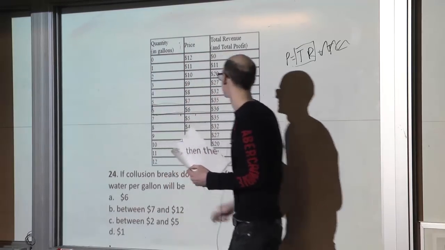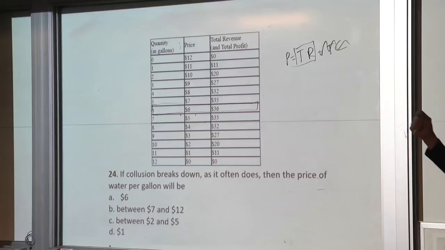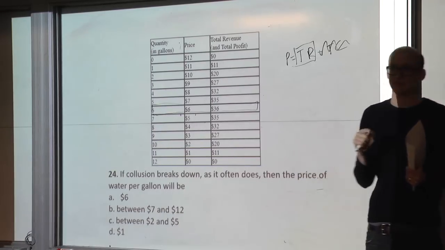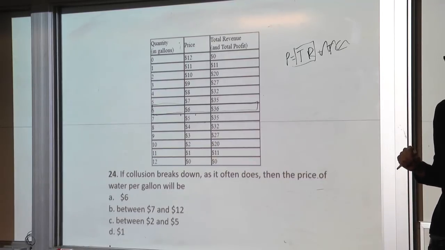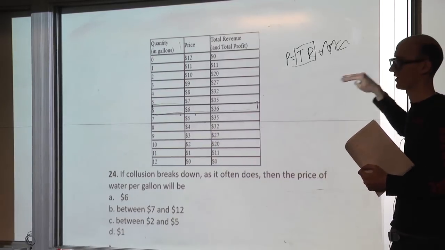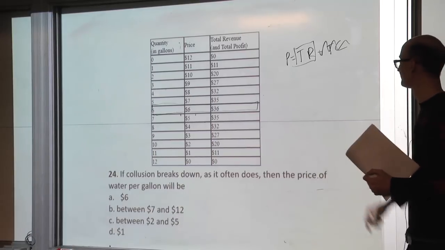But now collusion breaks down, so we have to ask ourselves the question, there's two firms, and would either of them have an incentive to either decrease production or increase production, okay, beyond the level that the cartel would have produced, okay?